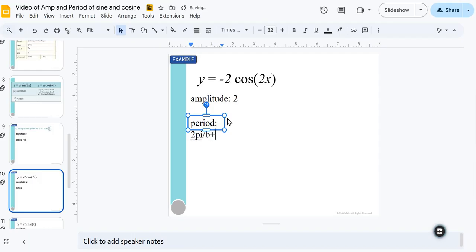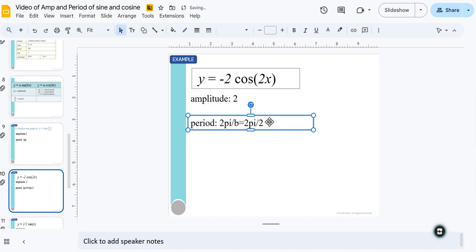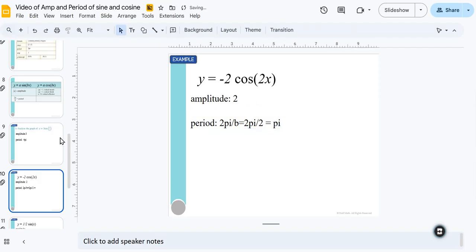So in this case, that's going to be 2 pi divided by, notice that our b value here is 2. And so if I take 2 pi divided by 2, I'm just going to get pi. And so that would be our answer.